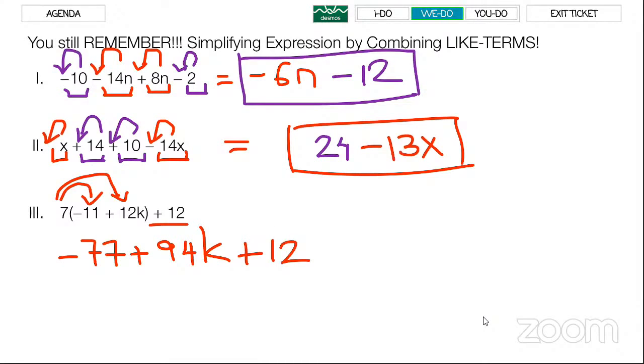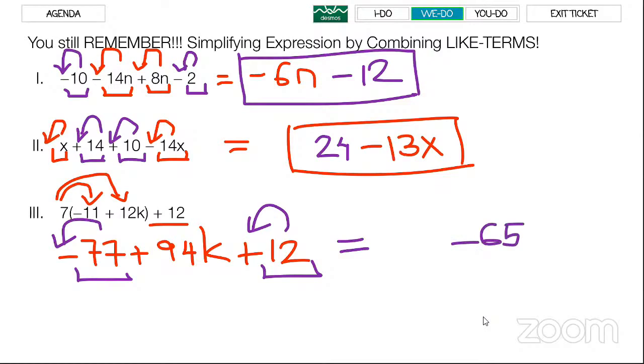And then take a look. What like terms do you have? You have 77 and you have the number 12. Both of them are like terms because those are the numbers themselves. In front of 12, it's a positive. In front of 77, it's a negative. So that means negative 77 plus 12. That would become negative 65.